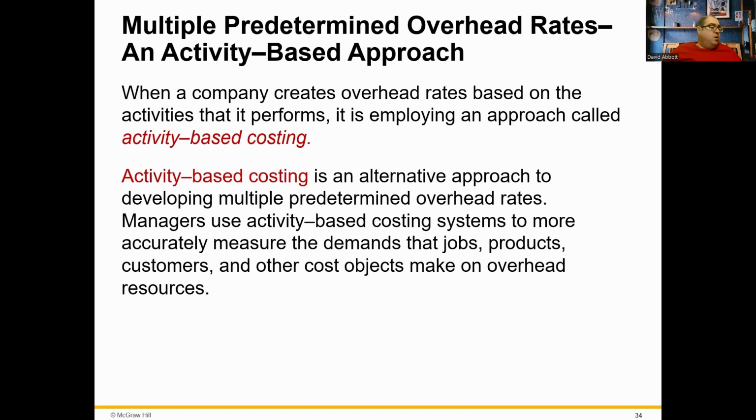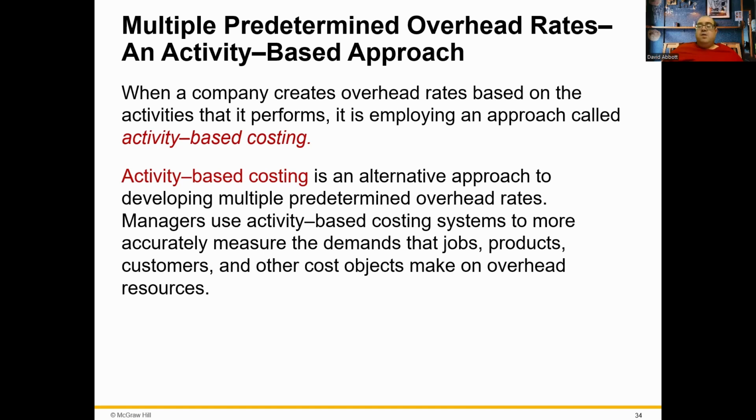Now, the next thing we're looking at is figuring out multiple predetermined overhead rates and the activity-based approach. When a company creates overhead rates based on activities that it performs, it is employing an approach called activity-based costing.